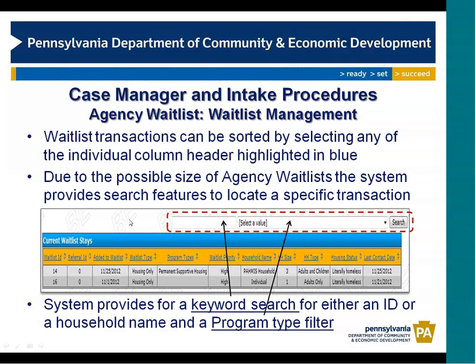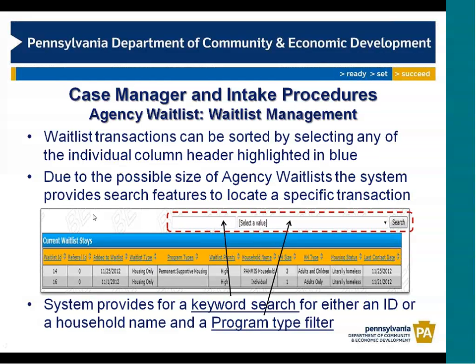With the keyword search, you can enter either an ID, which could correspond to the waitlist or the referral ID, as well as a household name. Then there's also a program filter that contains all the program types, so you can filter by a single program type.